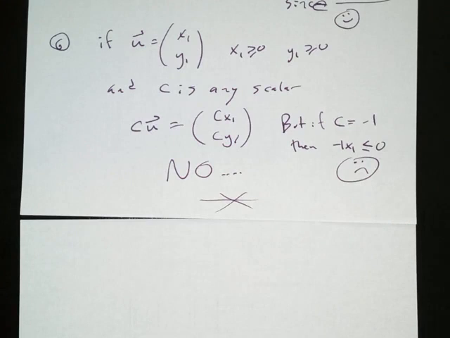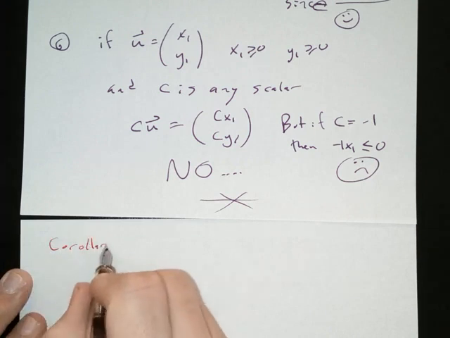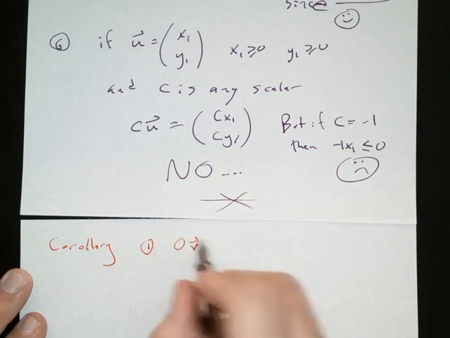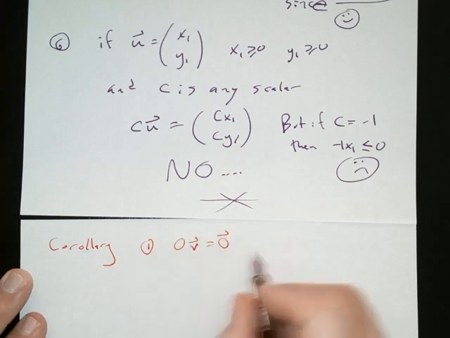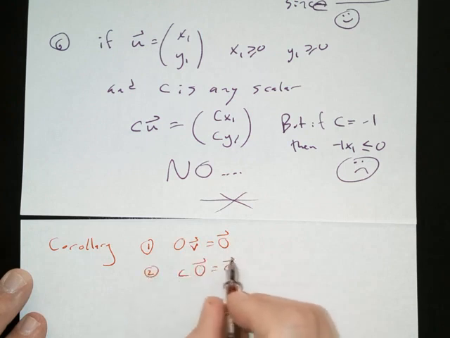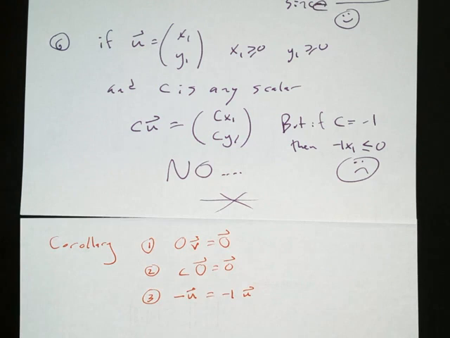By the way, there is a corollary to all of those axioms. When I multiply any vector by the zero constant, I get the zero vector.